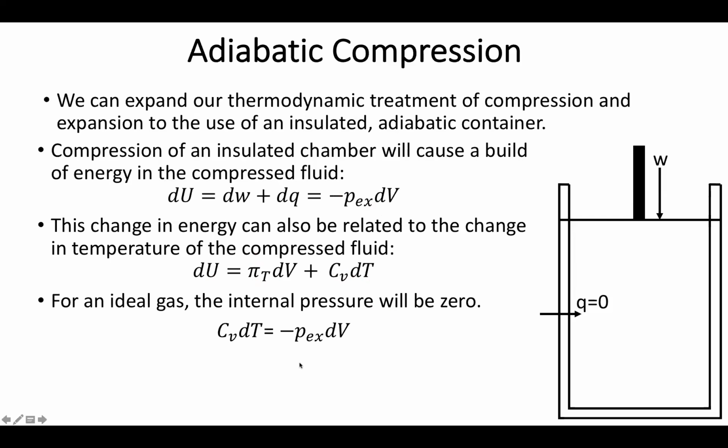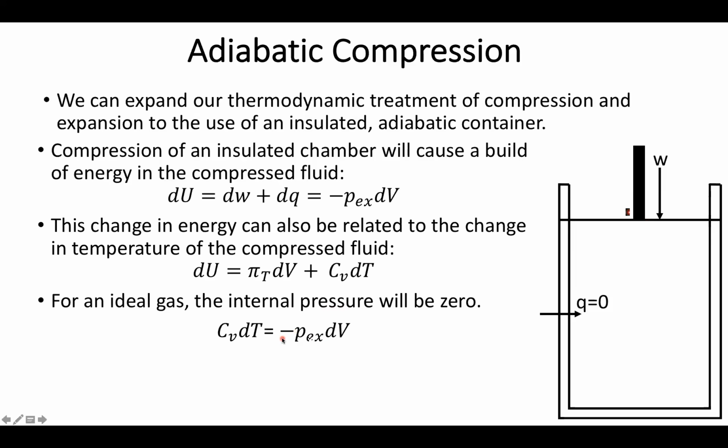So we can generate a rather simple equation which relates the change in temperature with the change in volume of this adiabatic system. This is fairly nice, so let's look at some of the qualitative features of this equation. If I compress the system, I'm going to have a negative change in volume with a positive pressure.